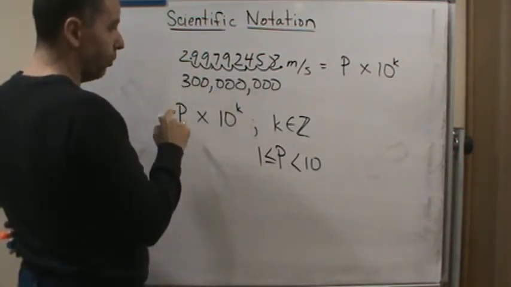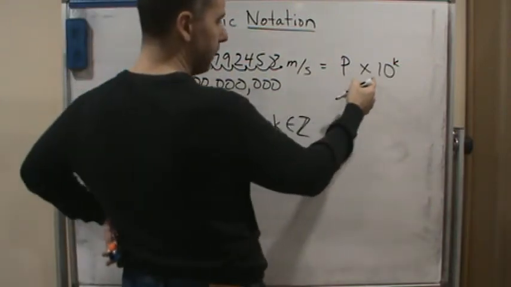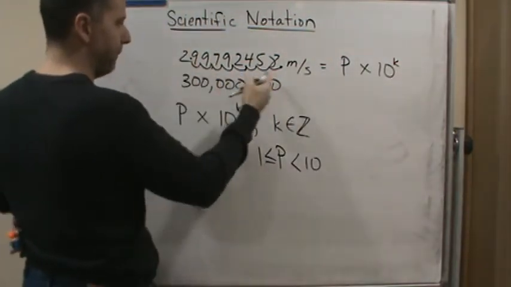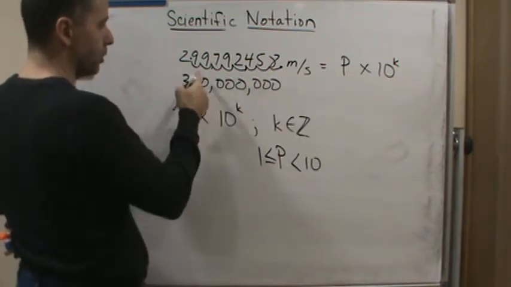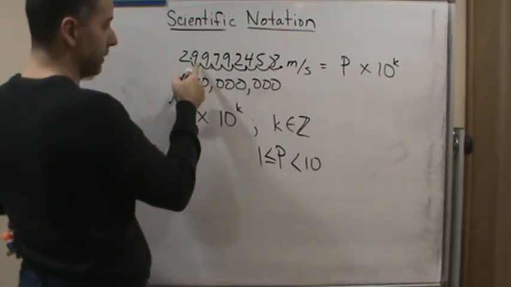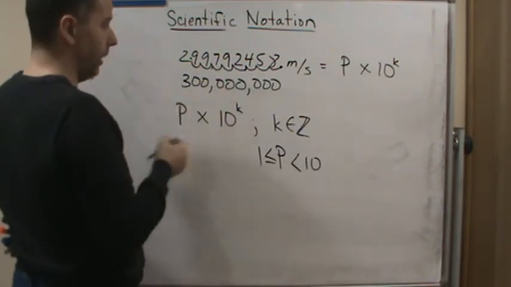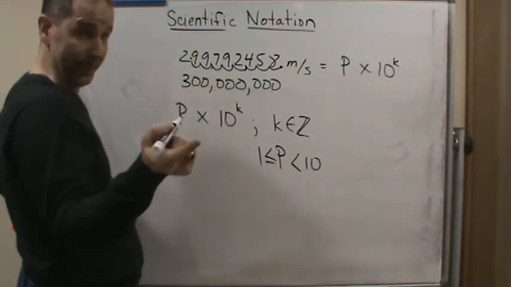So that gets me my p, right? But then what would I have to do? I'd have to multiply by 10, because if I move the decimal point this way, how would I get it back? I'd have to multiply by 10 to the power of 8, right?